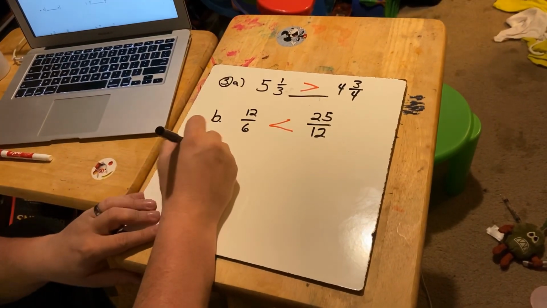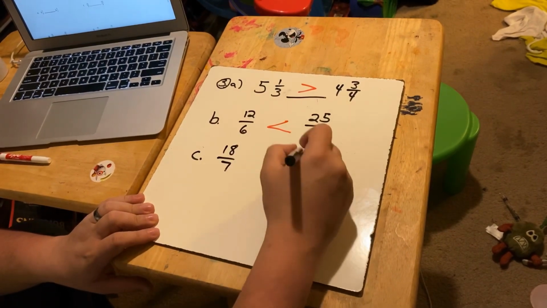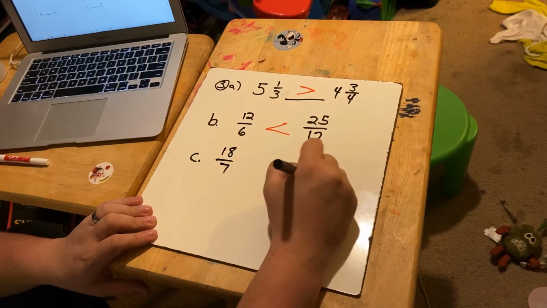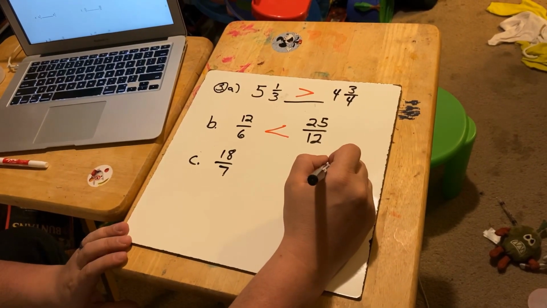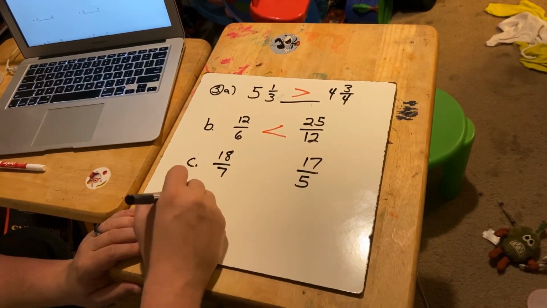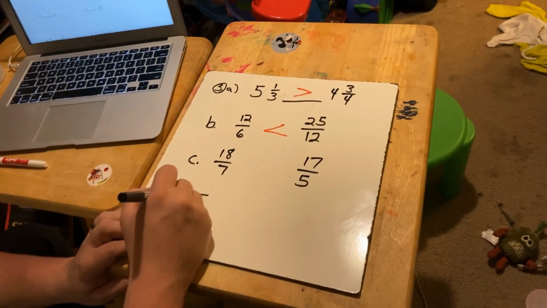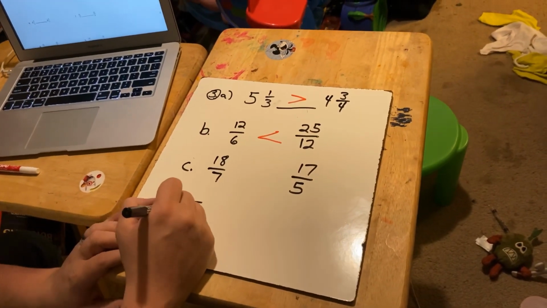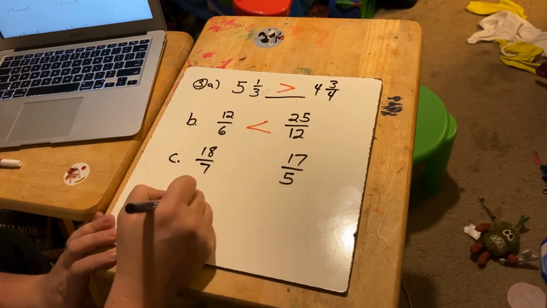We've got 18 sevenths and 17 fifths. Well, here's where we get to practice that cowboy method again. 18 sevenths: 18 is in the house, 7 is my horse, and we know that 7 won't go into 1, but 7 goes into 18.